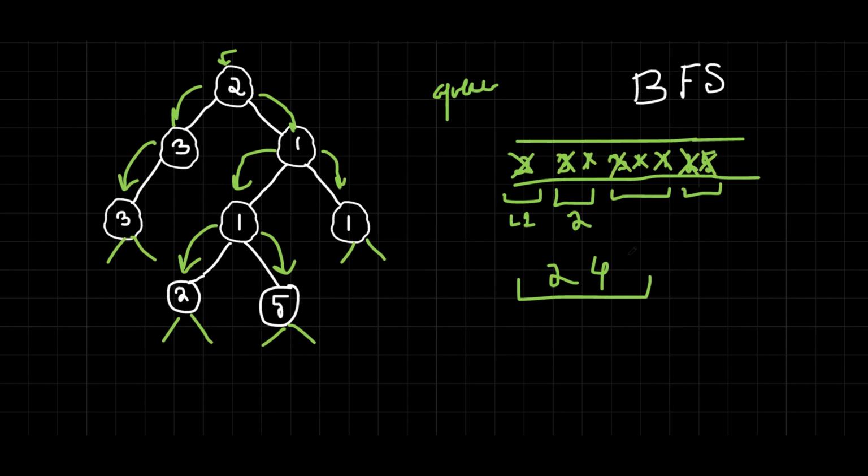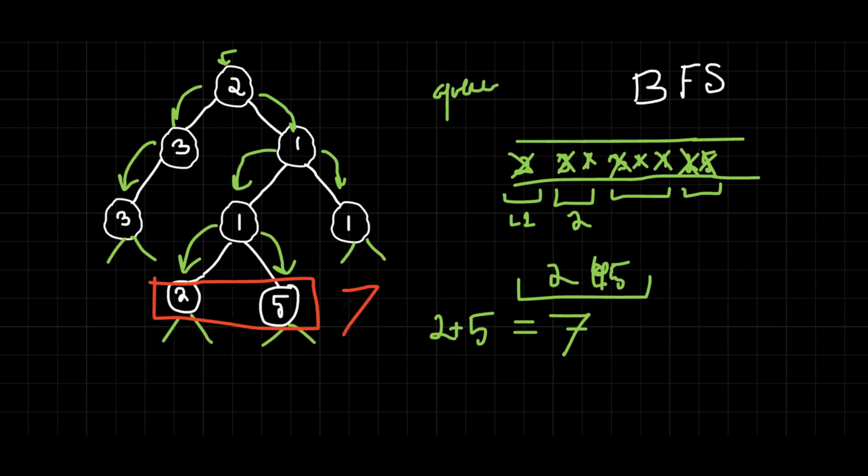So far, in the deepest level, we have the values 2 and 5. So here we can see that the summation of the deepest leaves is 2 plus 5, which is equal to 7, and we will return 7.